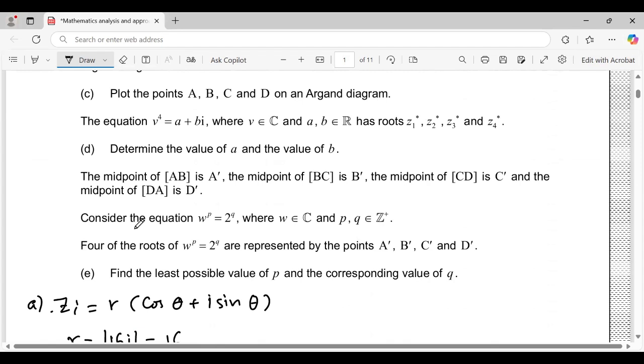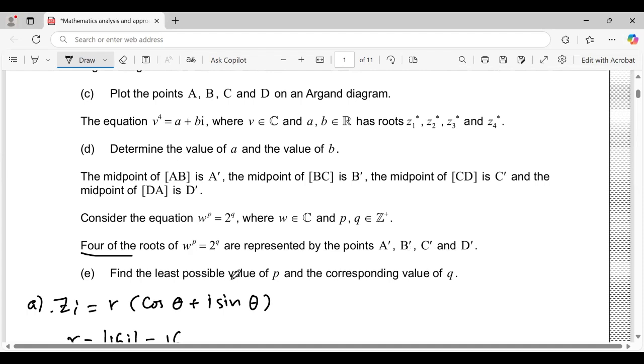Consider the equation w^p = 2^q, where w is an element of the complex numbers and p, q are positive integers. Four of the roots of w^p = 2^q are represented by the points AX, BX, CX and DX.